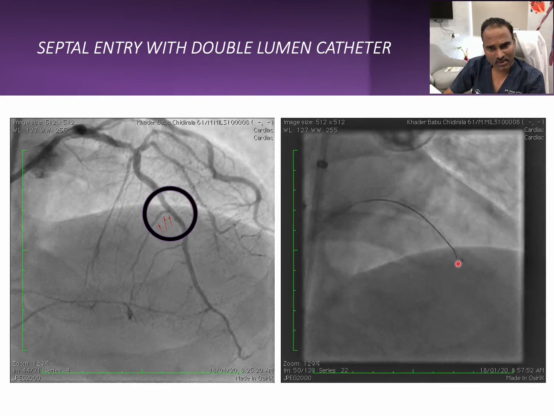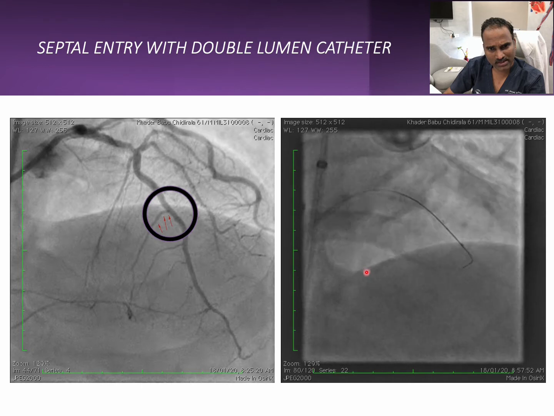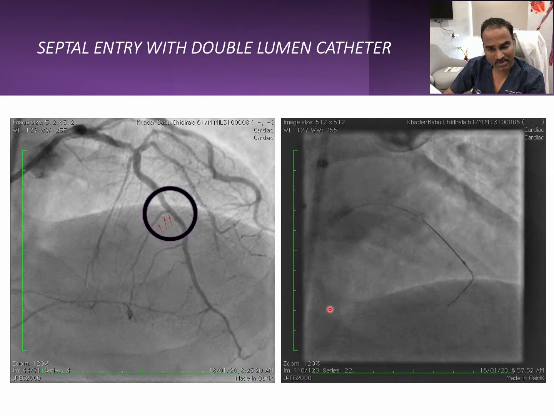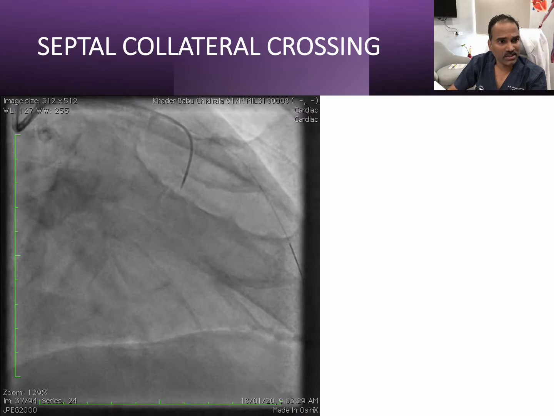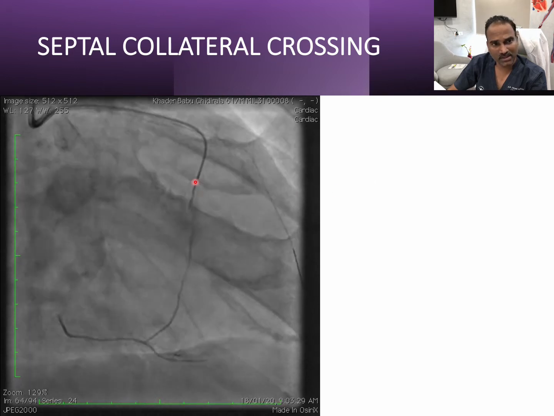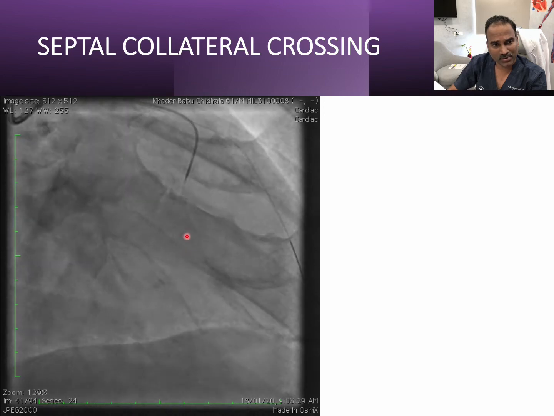So we took a double lumen catheter just to wire this septal. You can see, with the double lumen catheter we entered the septal with a Cyan Blue wire. Once you enter, you have to exchange the double lumen catheter and send your retrograde microcatheter. In this case it is a Corsair 150 millimeter, and we took a septal angiogram.